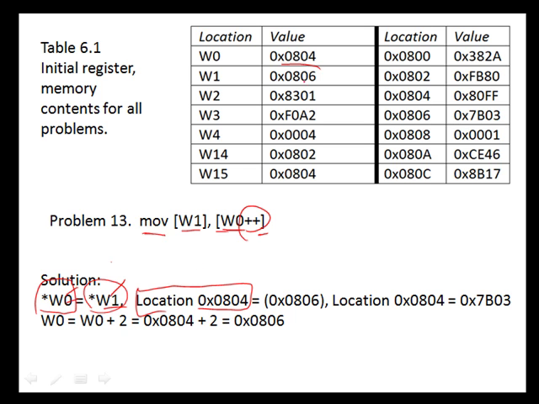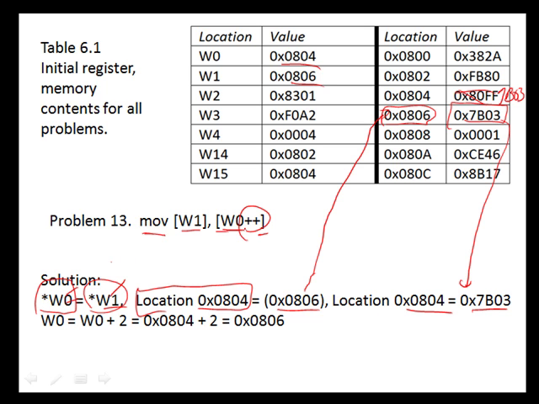W1 contains 806, so that means we're taking the contents of what W1 is pointing at. So we look at memory location 806. It contains the word value 7B03. So the 7B03 is being written to location 804. So the new value of location 804 is going to be 7B03.